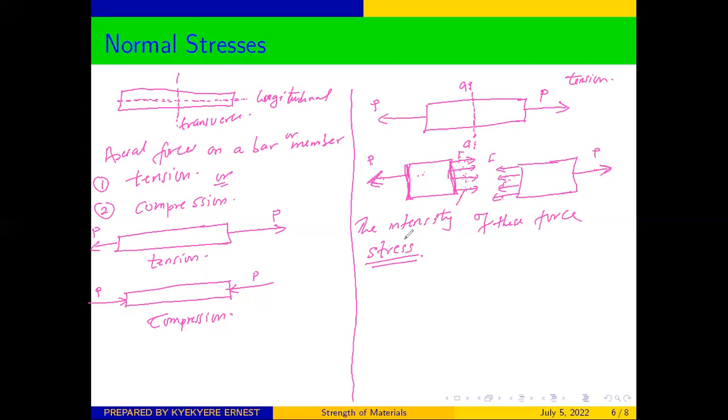Therefore, we can say that stress is the force per unit area. Don't forget that this area should be perpendicular to the point of application of the force which is applied.